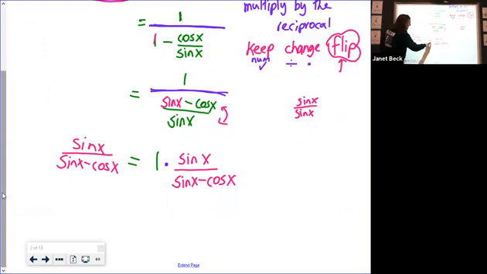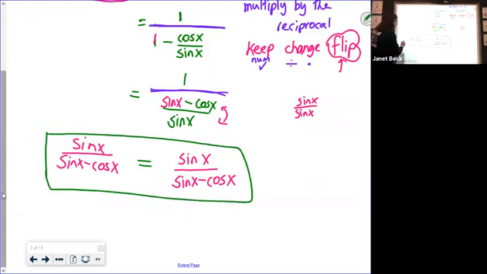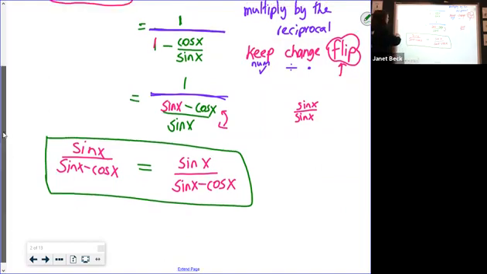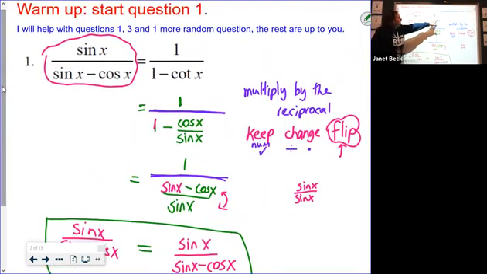So you can be really sneaky here if you wanted to and just kind of delete that thing. Pretend you saw it from the beginning. Yeah, that's the cheating bit. Or you should probably really write out the whole line again. Okay, so that's that one. And we used the technique of changing that cotangent of x into cos of x over sine of x. And then we just sorted out the fraction.